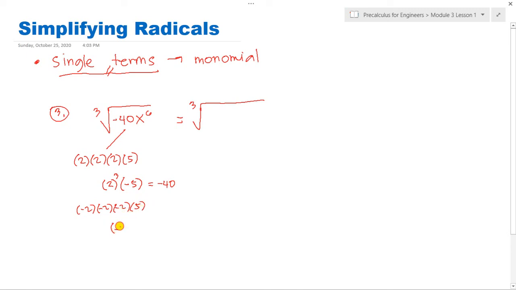Of course, kasi negative 2 cubed is equal to negative 8 and negative 8 times 5 is negative 40. So class, it's up to you kung yung gagamitin mo ba is yung 2 cubed times negative 5 or yung negative 2 cubed times 5. So, it's up to you, class. Both are the same. So, we have here 2 cubed.